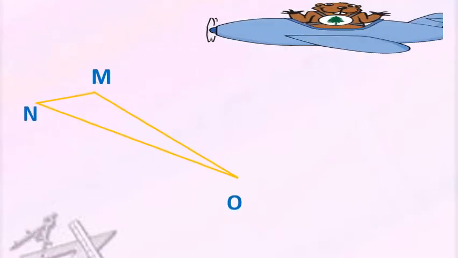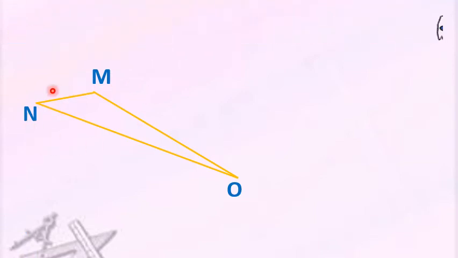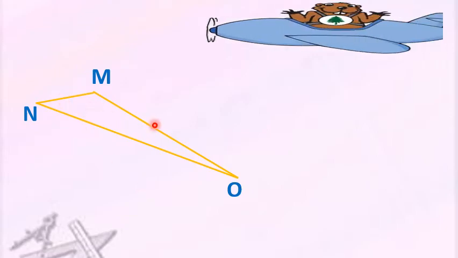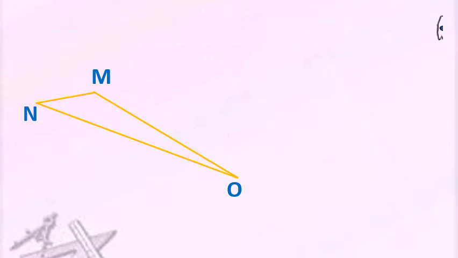Now if you have such a triangle, NO, if you look at the sides, you can notice that none of the sides are equal. This is not equal to this and not equal to this. Also the angles, this is not equal to this and not equal to this.